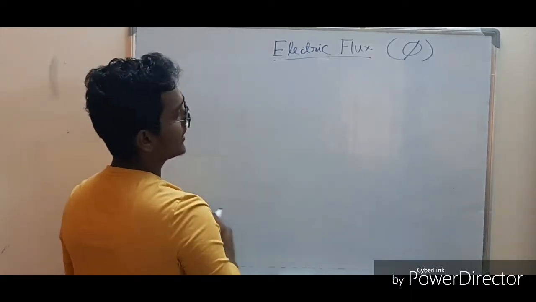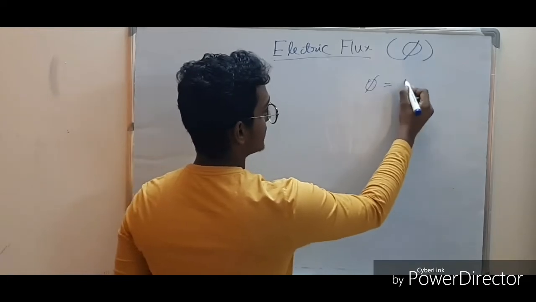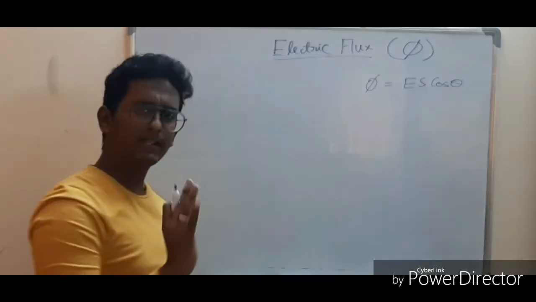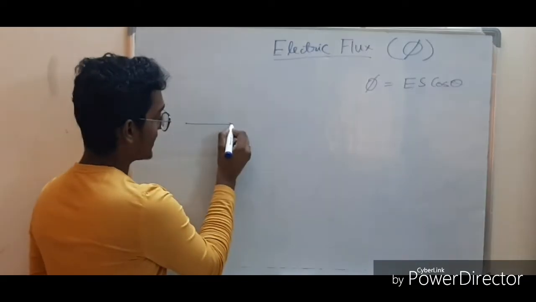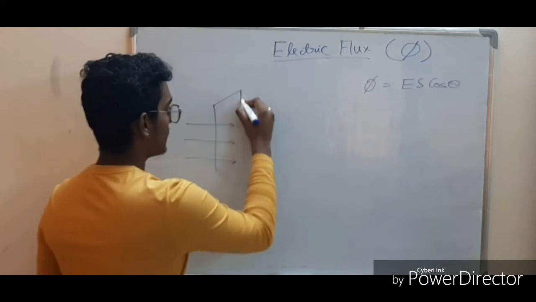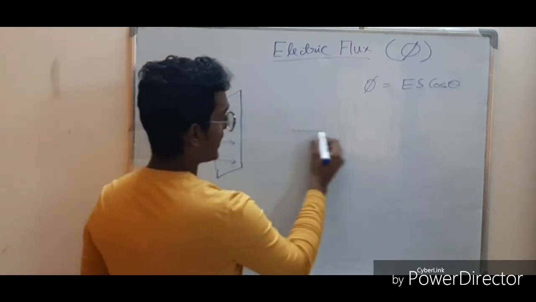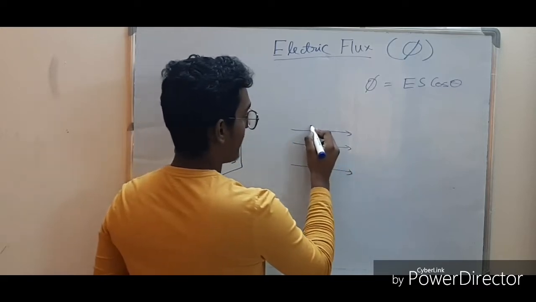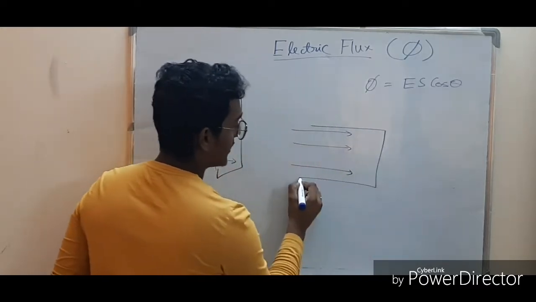So let me just write it over here. Flux is equal to ES cos theta. So let's take 3 cases. The first case, when the electric field lines are perpendicular to the field. The second case, when the electric field lines are parallel to the field.